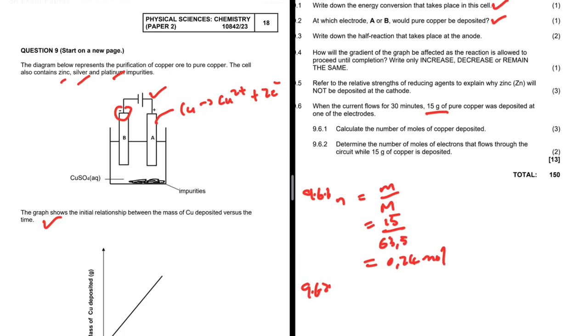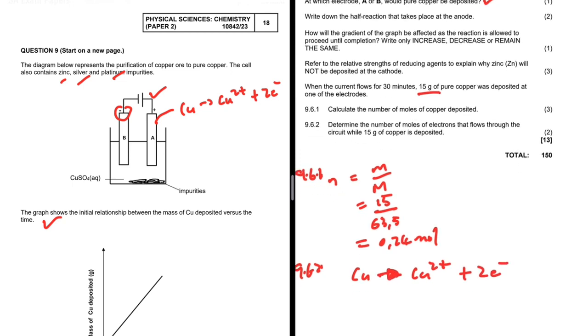Determine the number of moles of electrons that flows through the circuit while 15 grams of copper is deposited. 1 mole of copper gives us 2 moles of electrons. It sounds very wrong to say 2 moles of electrons, but we can see the relationship here.